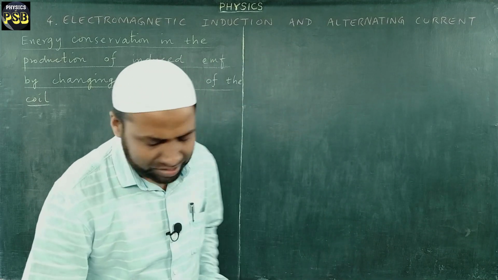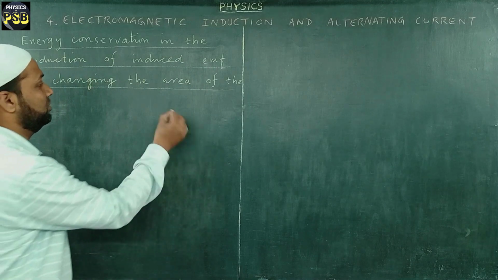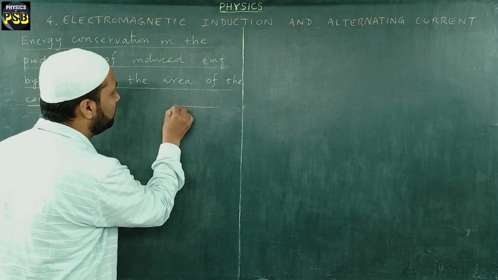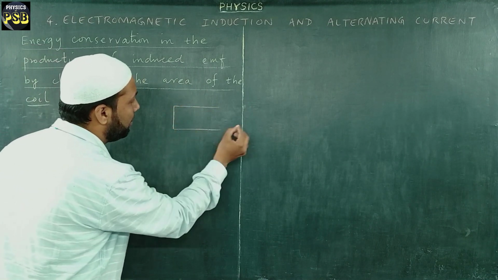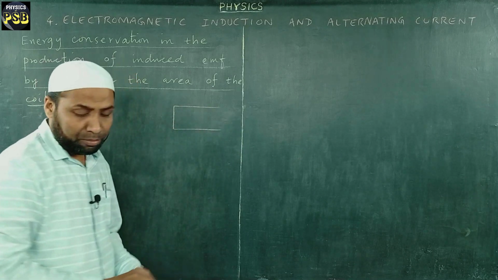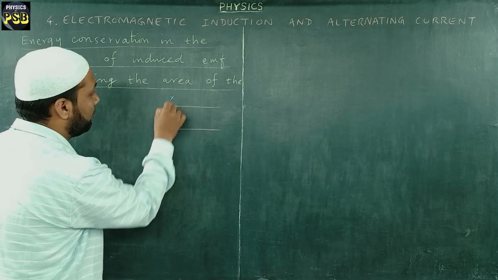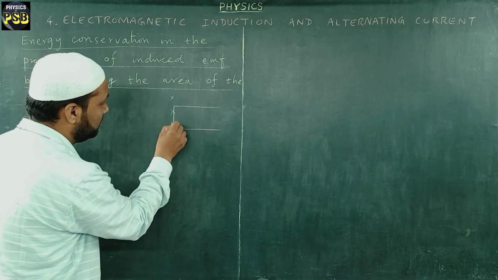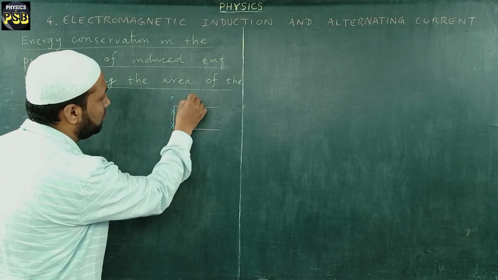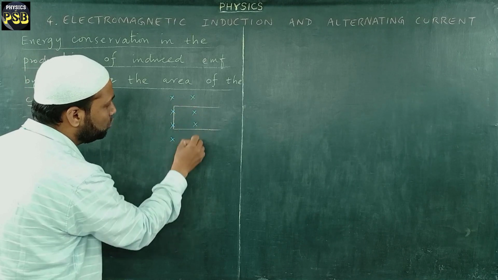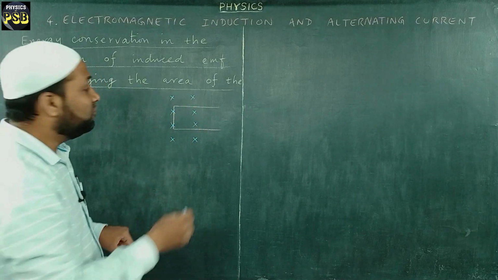For that, I consider a rectangular fixed frame made of some metal placed in a uniform magnetic field which acts perpendicular to the plane of the board in the inward direction.